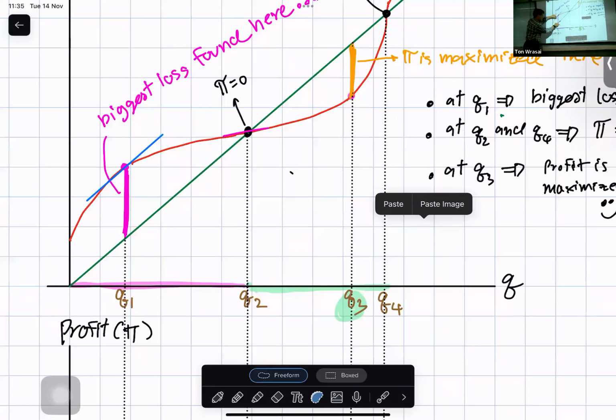Then MR equals MC here. If the slope equals 5, here it also equals 5. That means at Q1, the marginal revenue and marginal cost curves must cross here.